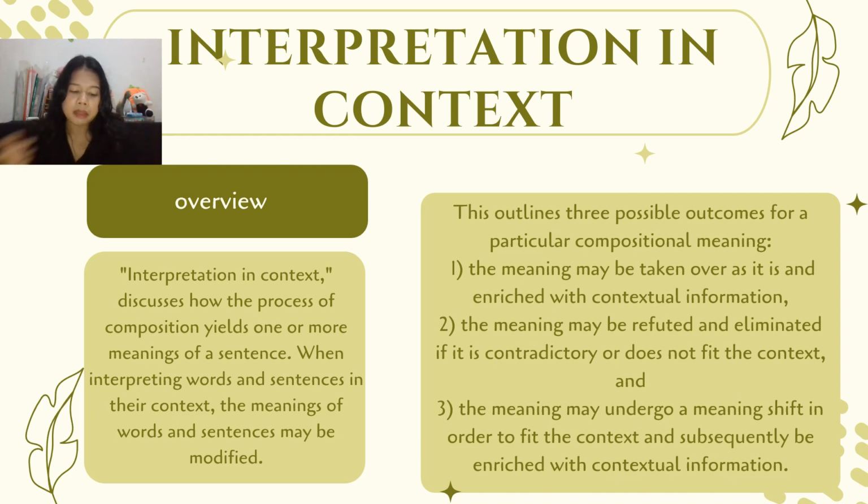First, the meaning may be taken over as it is and enriched with contextual information. Second, the meaning may be refuted and eliminated if it's contradictory or does not fit the context. And the last is, the meaning may undergo a meaning shift in order to fit the context and subsequently be enriched with contextual information.